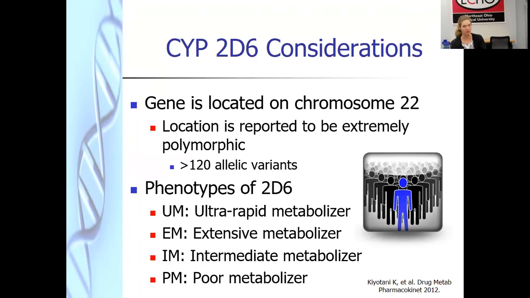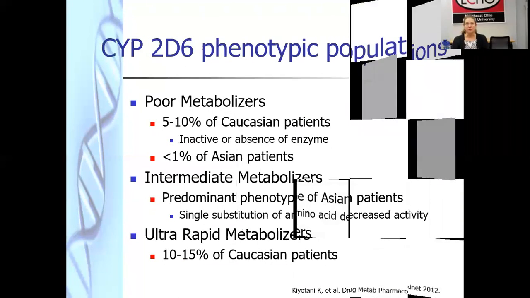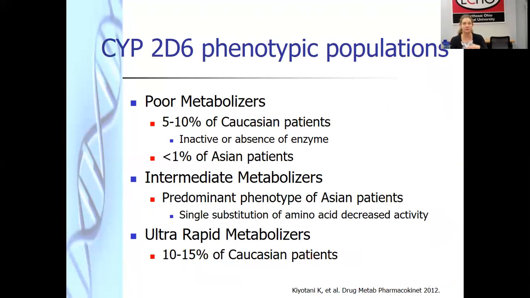And then we have our poor metabolizers. In some cases, this is an enzyme that doesn't work very well, that's relatively inefficient. In other cases, it may be pretty much absent, so they really don't have a functional 2D6 enzyme.